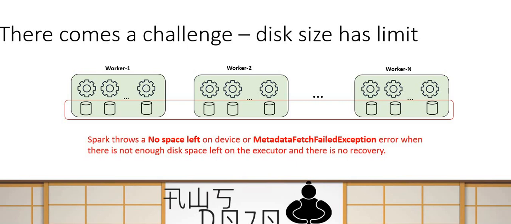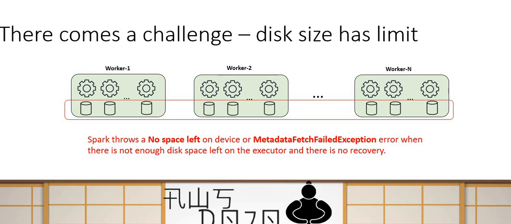In that case, Spark throws an error saying no space available on the device, or something like a metadata fetch failed exception. Such errors are thrown by Spark in Glue Job when there is not enough disk space left for the executor to spill or shuffle the data. And this is the problem we are going to solve in today's optimization video.